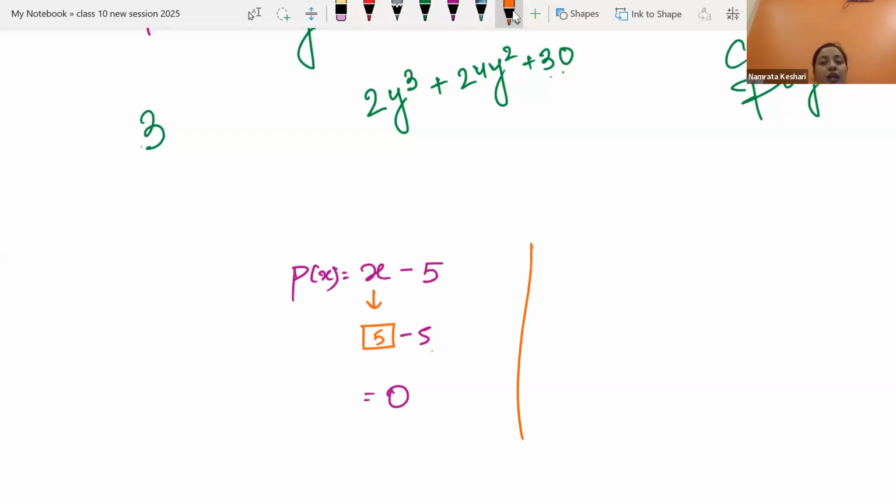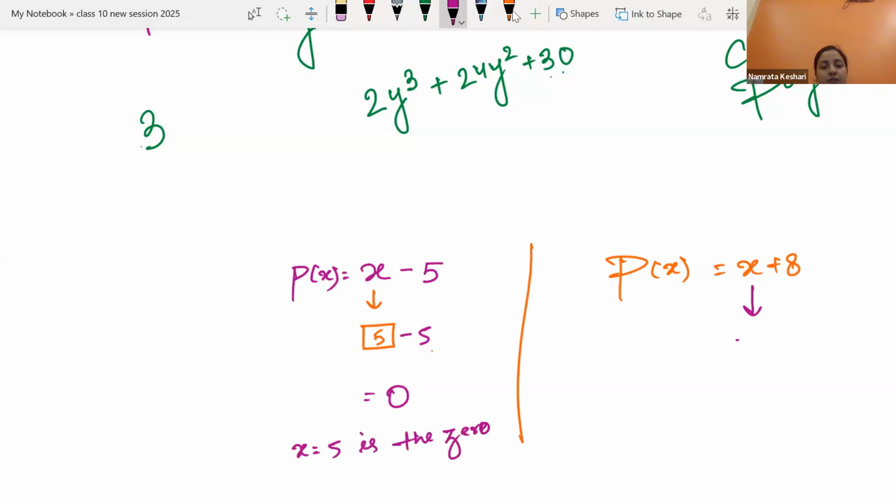If I am giving that our polynomial is x plus 8, then what will be the zero of the polynomial? Just try guessing it. x plus 8. What can be taken as an x value? Plus 8 or minus 8?